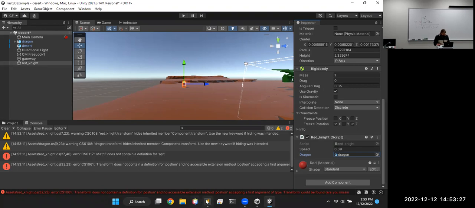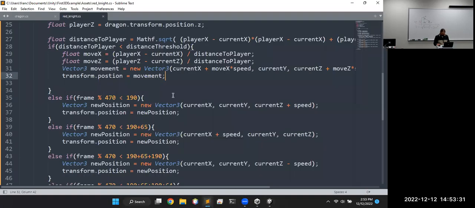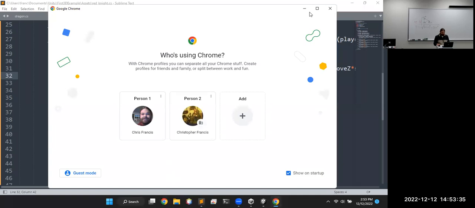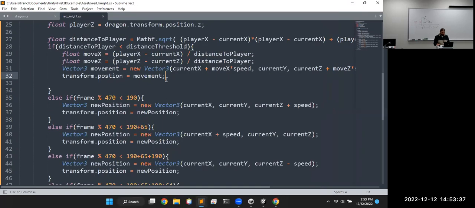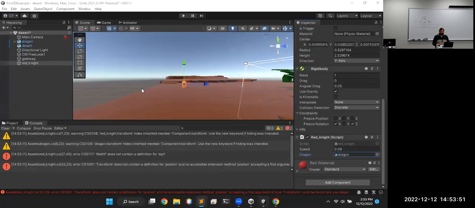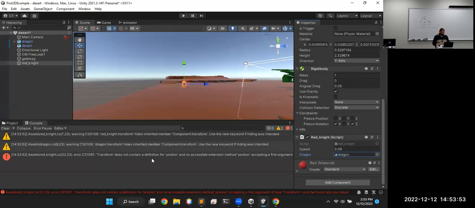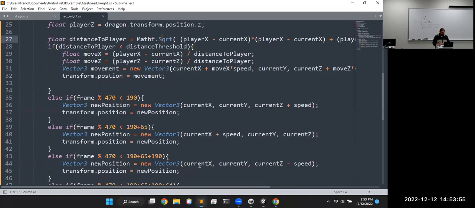SQRT. It should work, unless I forgot to import something. I think it's capital F, capital S. Oh, yes, that's right. In C sharp, they use Pascal case for all method names. So capital S. I've got Java on the brain.